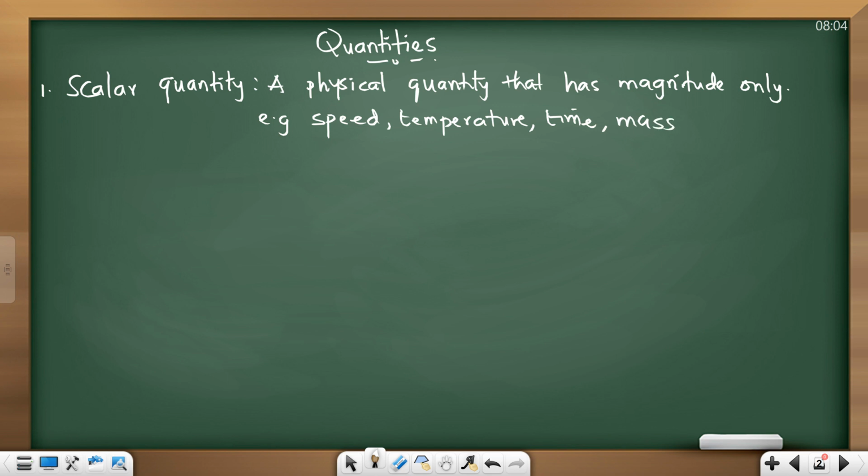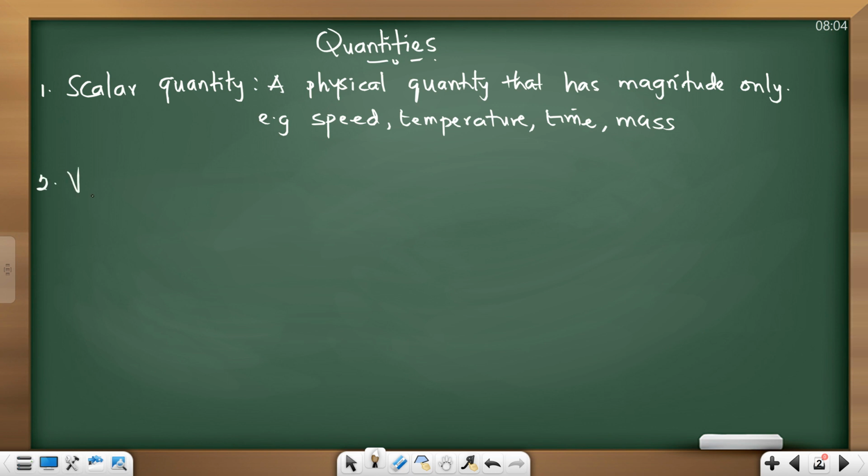All of these are examples of scalar. You only talk about the values. Speed, 2 meters per second. Temperature, 25 degrees Celsius. Time, 20 seconds. Mass, 5 kg. All of these are just numbers that we use in measuring things.